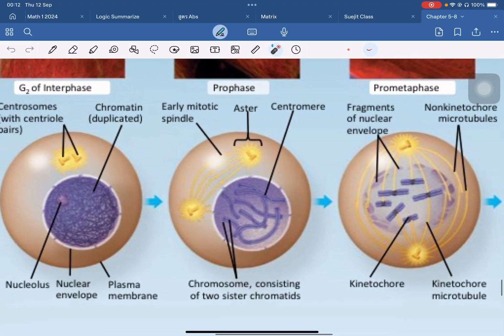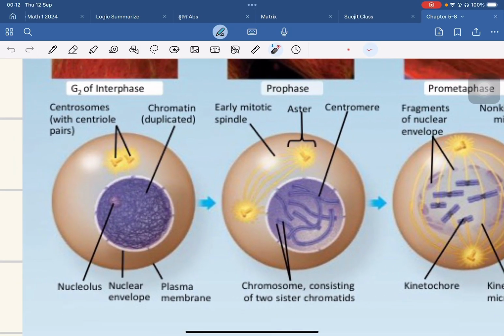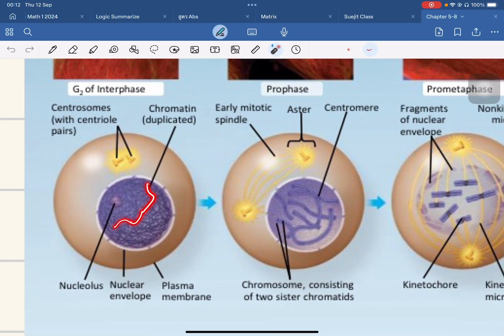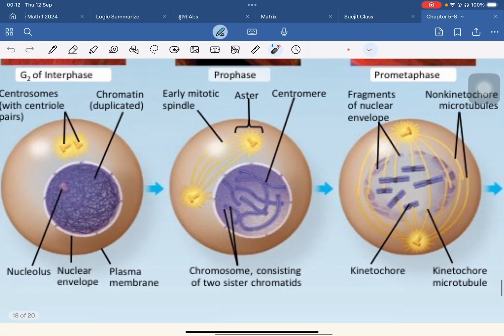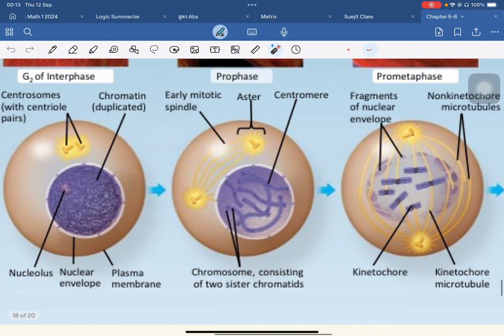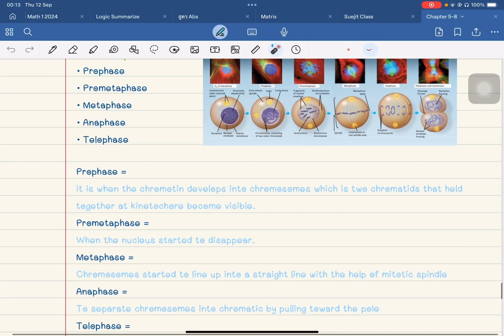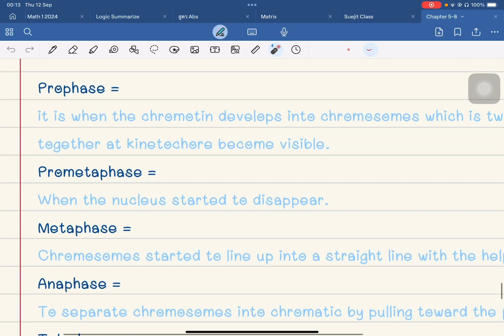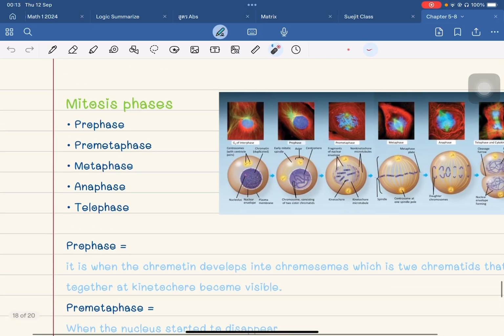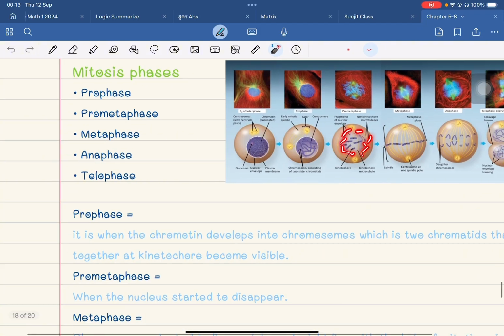As you see, at first the chromatin is unclear, but then in the prophase it becomes clearer and more visible as chromosomes. Next is the prometaphase. This is when the nucleus starts to disappear. As you see here, it started to disappear, right?